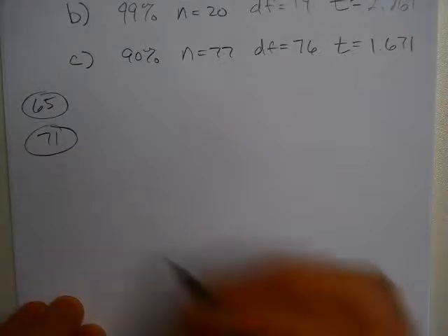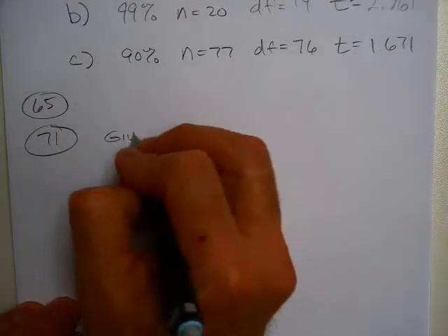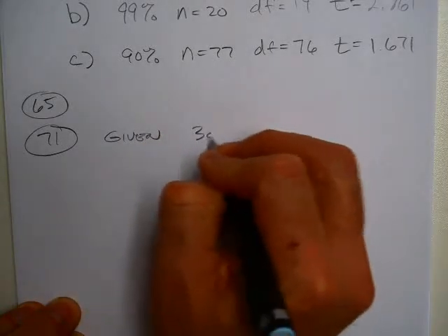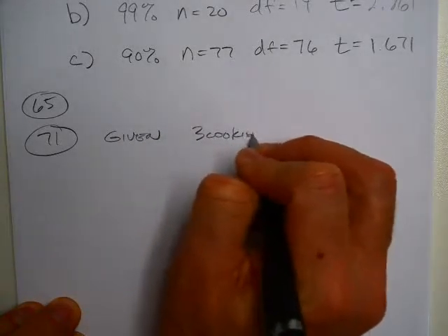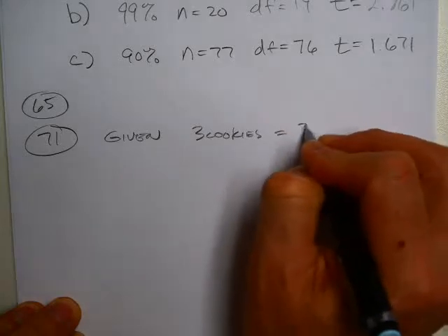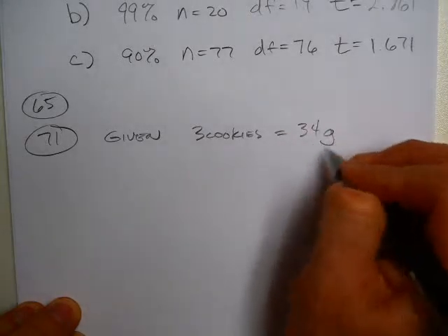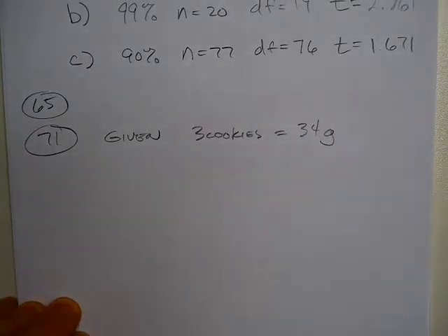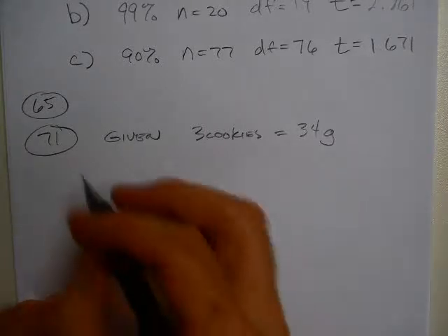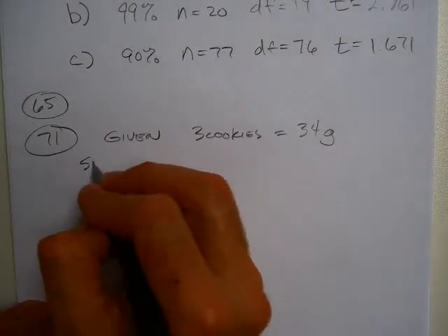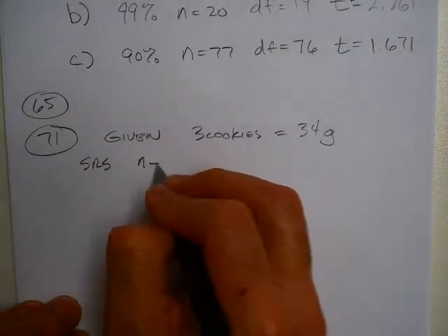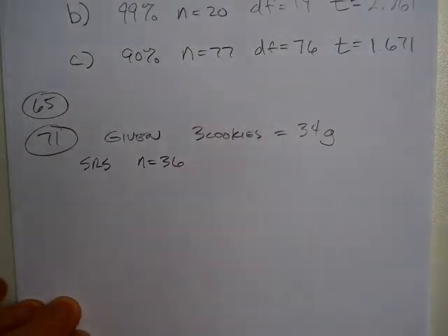Right. So what we're given is that 3 cookies is 34 grams. That's the claim that the company makes. And what they did is they selected a random sample of 36 cookies, and they weighed each cookie.